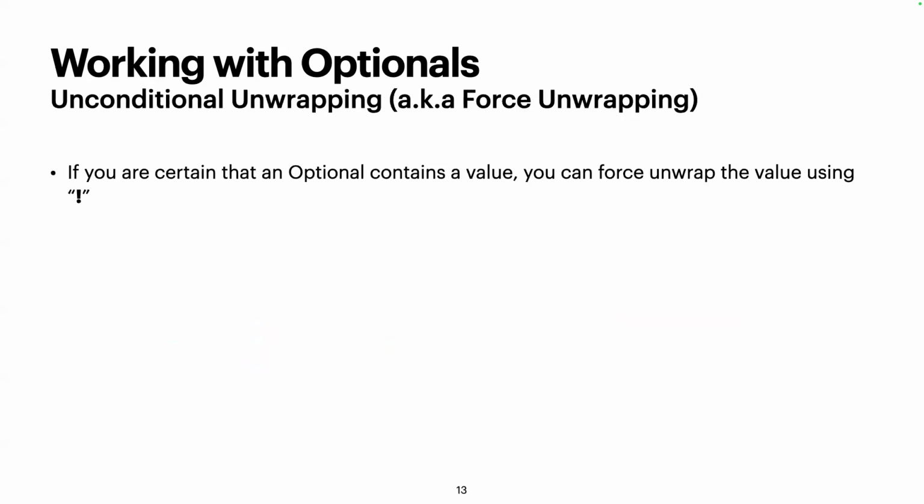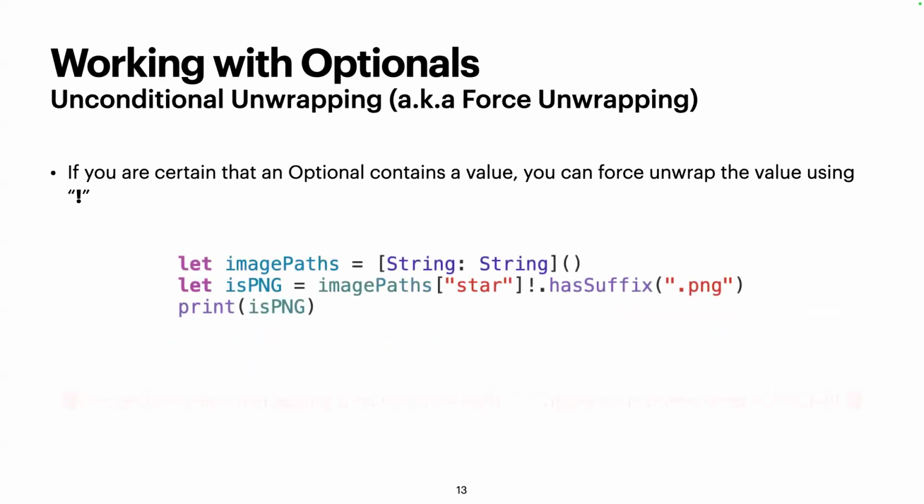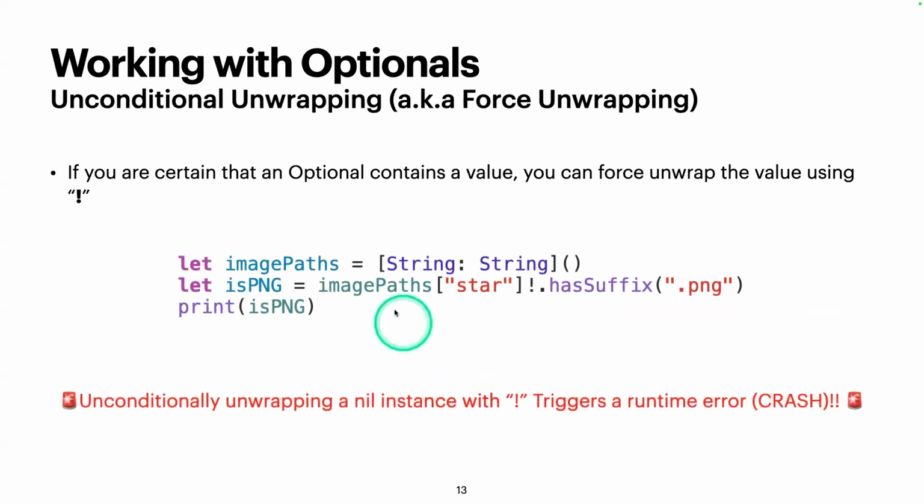Another way you can work with optionals is something called unconditional unwrapping, aka force unwrapping. If you're certain that an optional contains a value, you can force unwrap it using the exclamation mark. Here, this is the same example that we had before. Instead of a question mark, we're saying, I don't care if this is optional or not. Again, this could return nil, it could return some value, but I don't care. Just give me the unwrapped value.